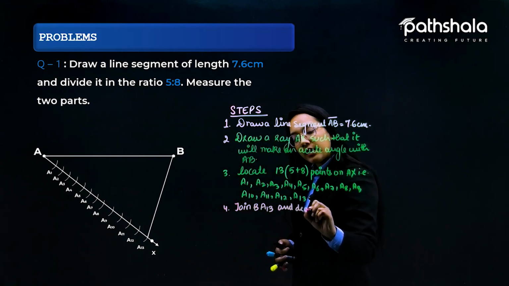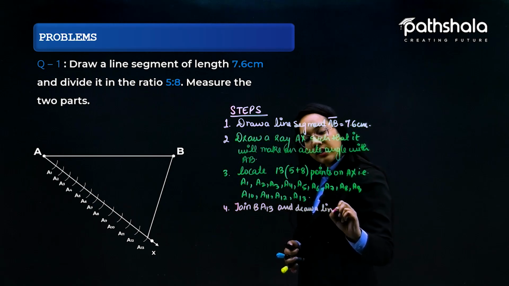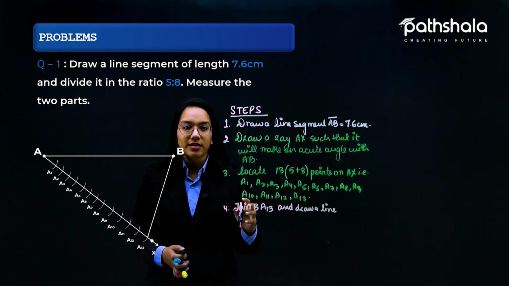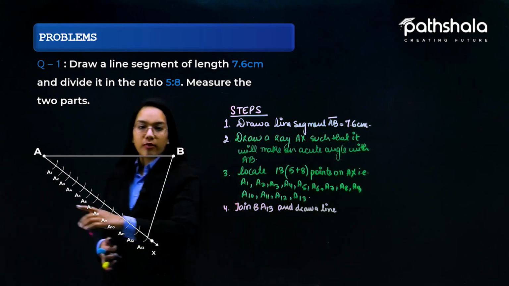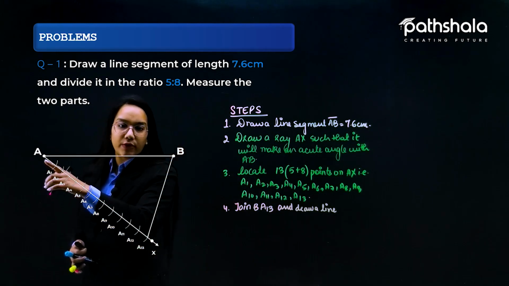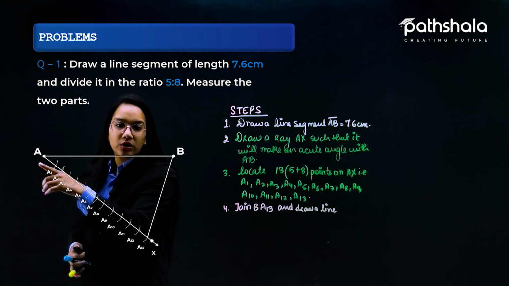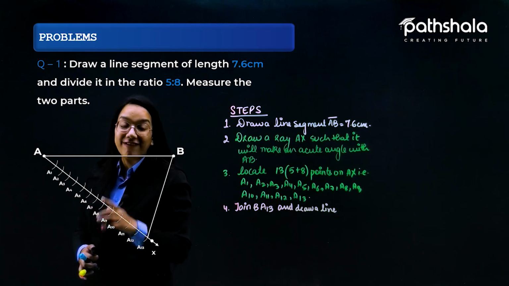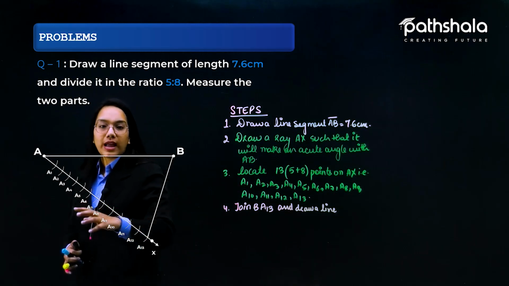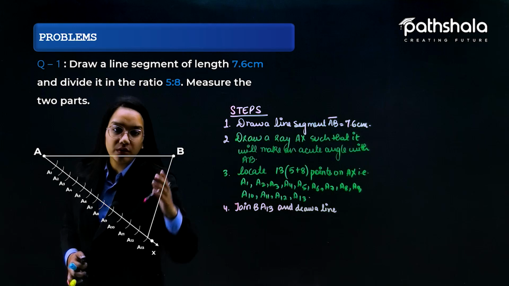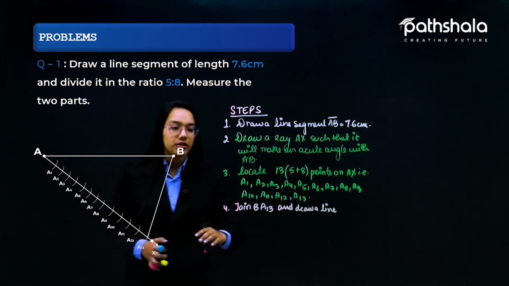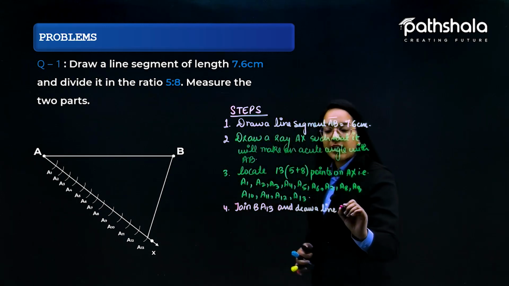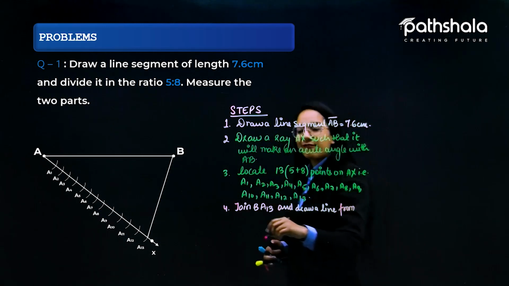Since the ratio is 5:8, from point A we have to go up to 5 points, and from A5 we have to draw a line parallel to BA13.